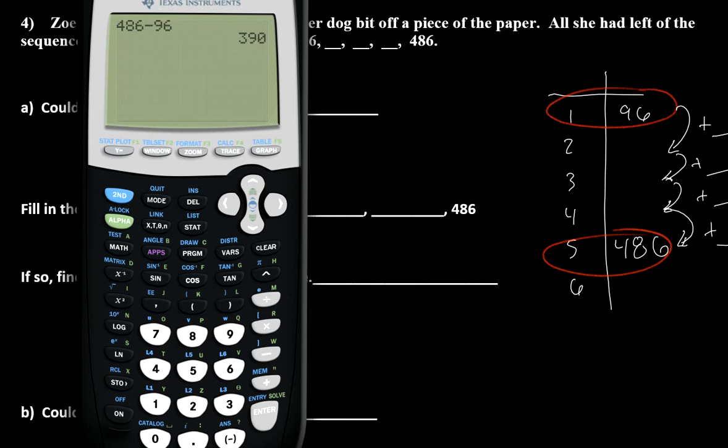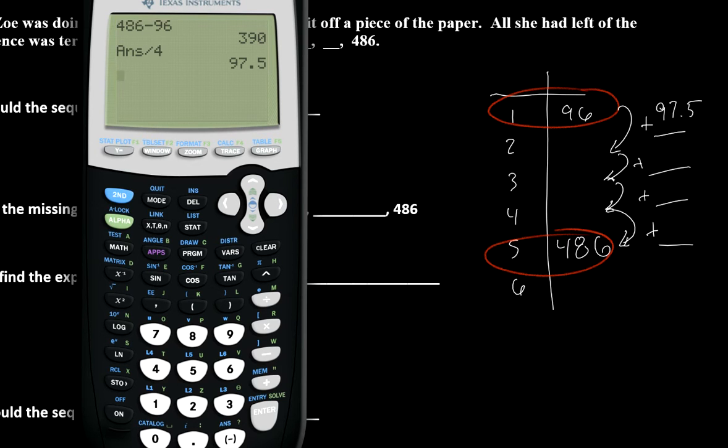And I need to grow from 96 to 486 in 1, 2, 3, 4 steps. So I'll just divide that by 4. And I get 97.5. So what I'm adding each time here is 97.5. So that's the rate at which I'm growing. And if I start at 96 and add 97.5, add 97.5, I should land at 486.